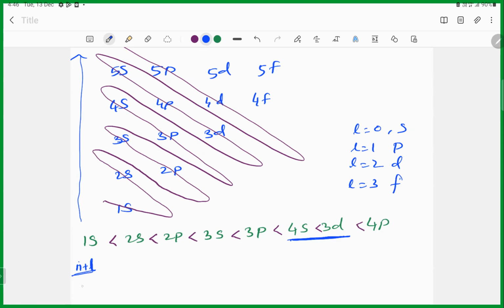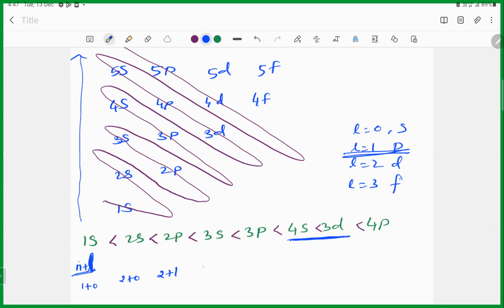For 1s orbital, n is equal to 1, s l value 0. For 2s, 2 plus 0. For 2p, what is the l value for the p orbital? 1, so 2 plus 1.